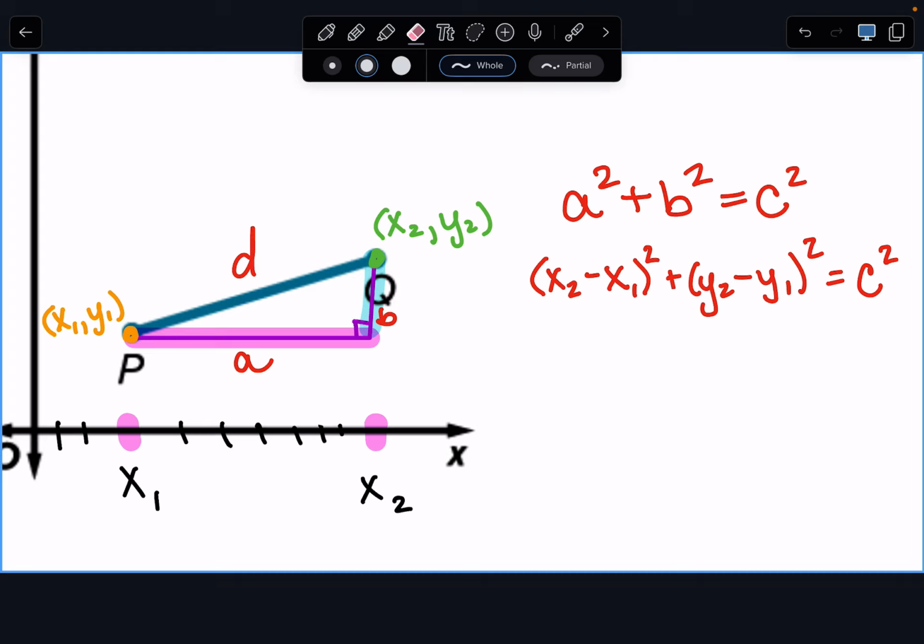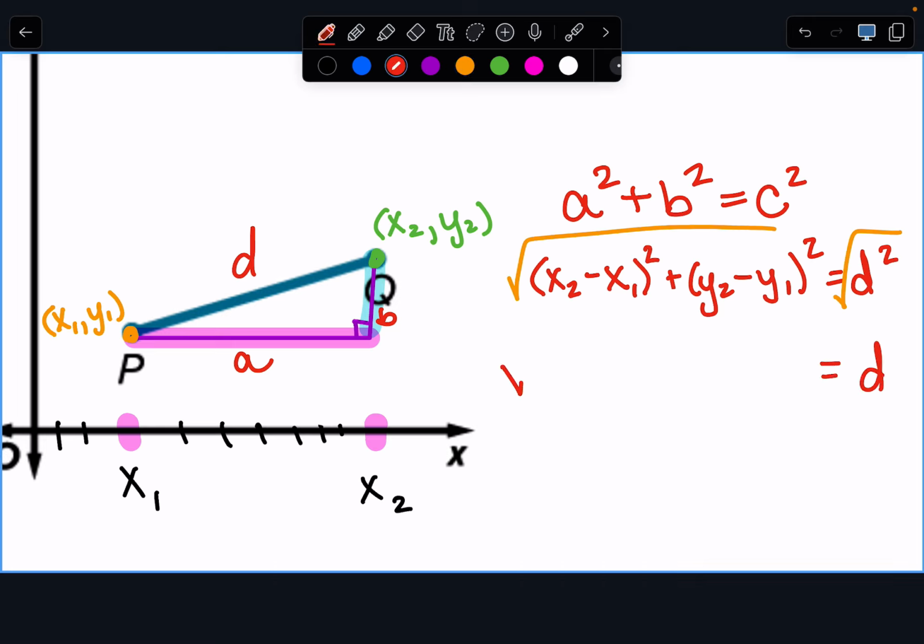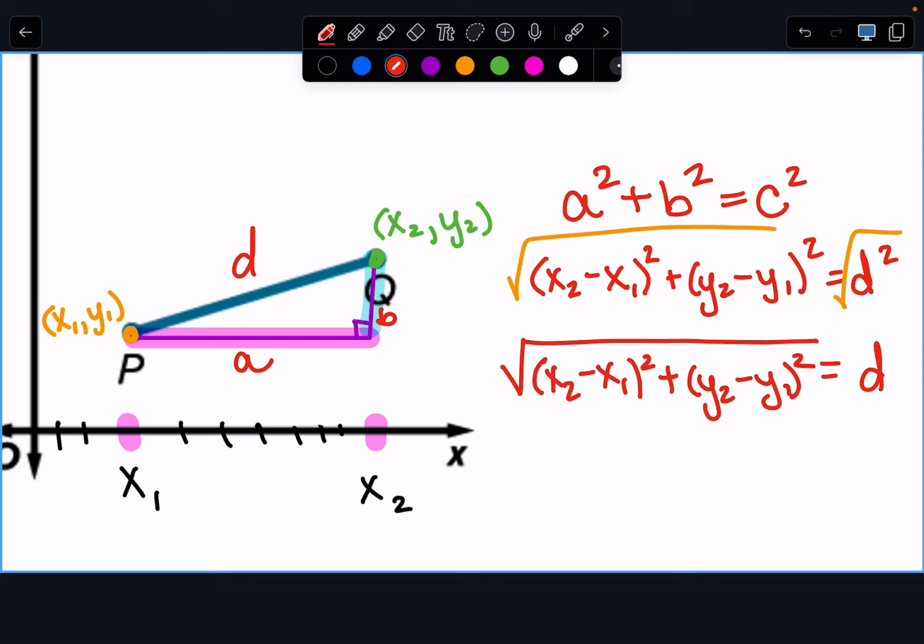Why do you suppose I'm going to do that? D for distance, okay? And if I have D squared equals something, how do I get rid of the square? We square root both sides. So D is the square root of... Oh my god, that's a pretty big formula.